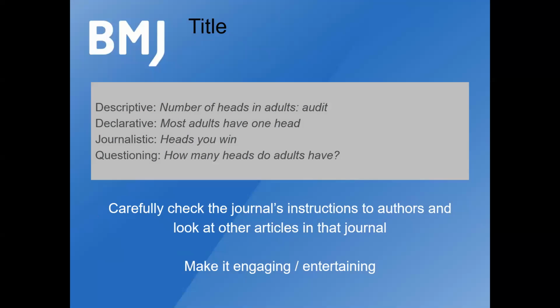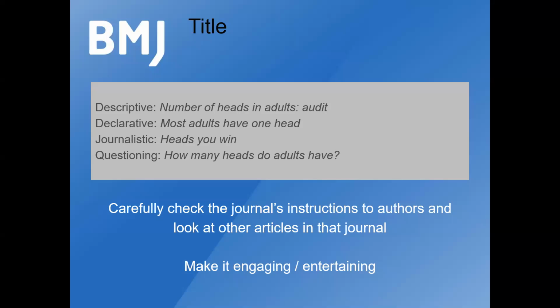Then think about the title. And there are different types of titles. You can have a descriptive title, for example, head injuries in adults, an audit. You can have a declarative title. You can have a journalistic, engaging title. You can have a questioning title. And here, once again, I would say, carefully check the journal's instructions to authors and see what type of titles they want.